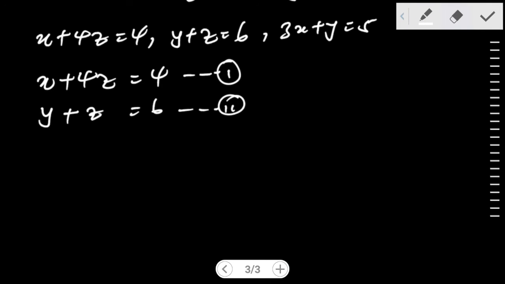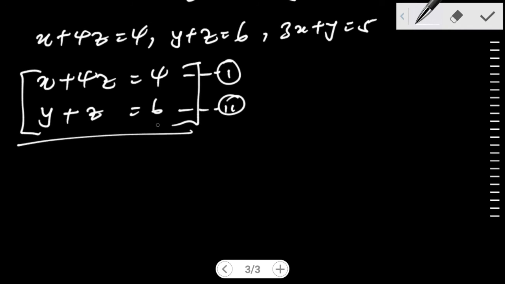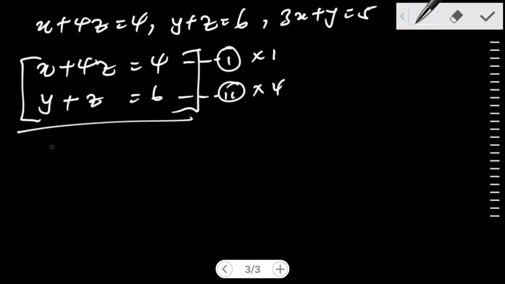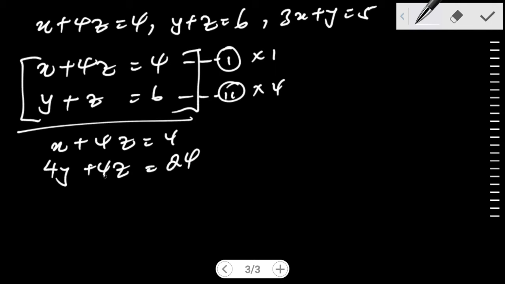So I multiply this by 1 and here by 4. Therefore, I have x plus 4z equals 4, but 4y plus 4z equals 24.